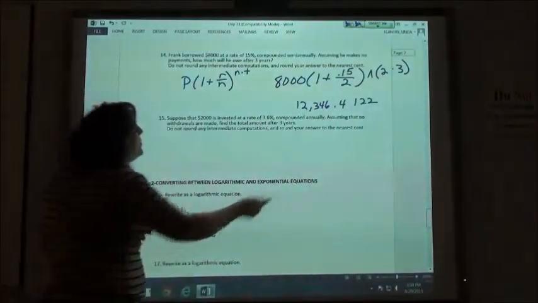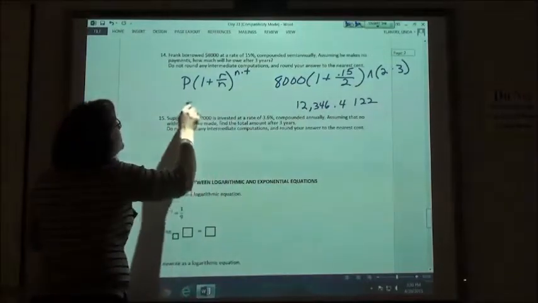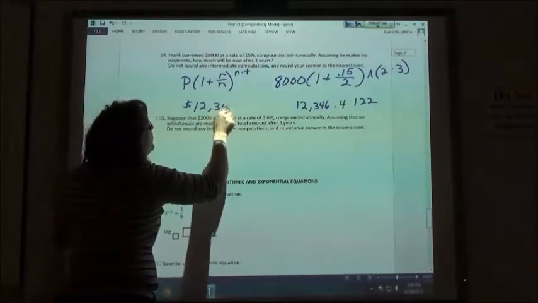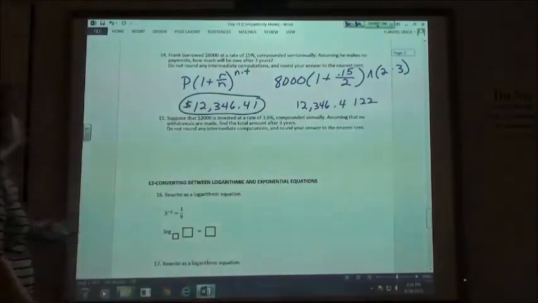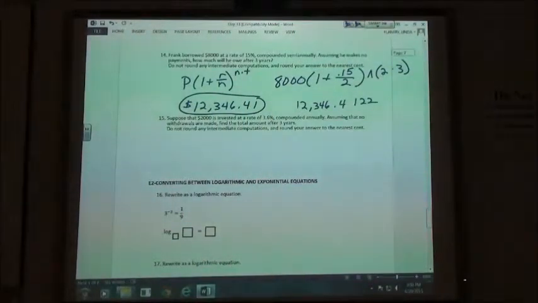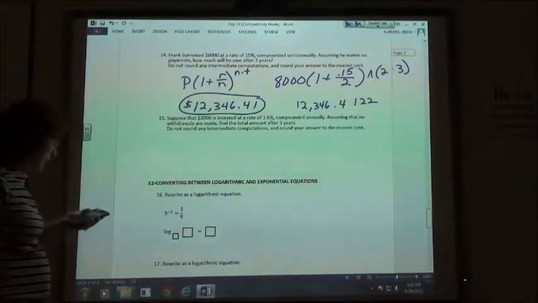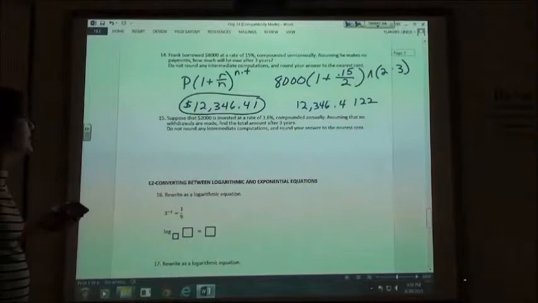I'm assuming it's rounding to the nearest cent. Yes, it is. So $12,346.41. So I started with $8,000. I got 15% compounded semi-annually. So after 3 years, I have $12,346.41.